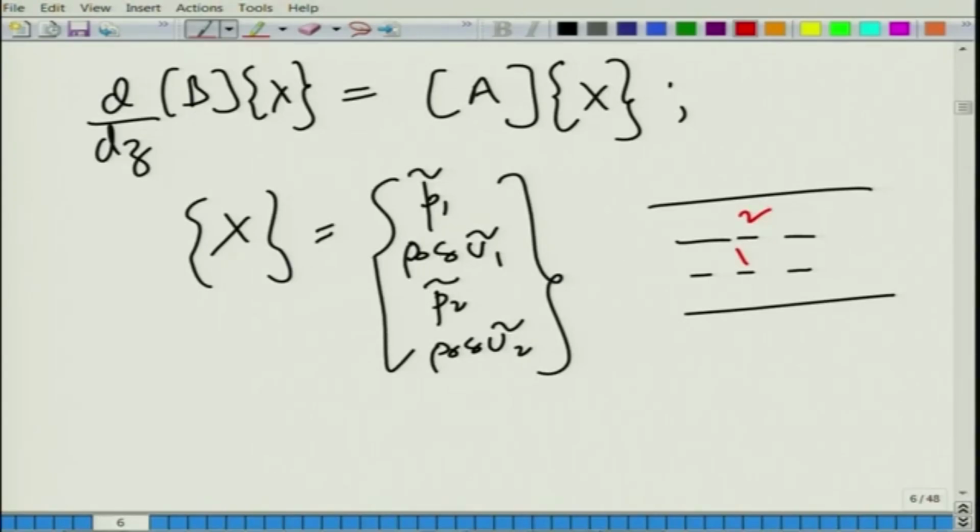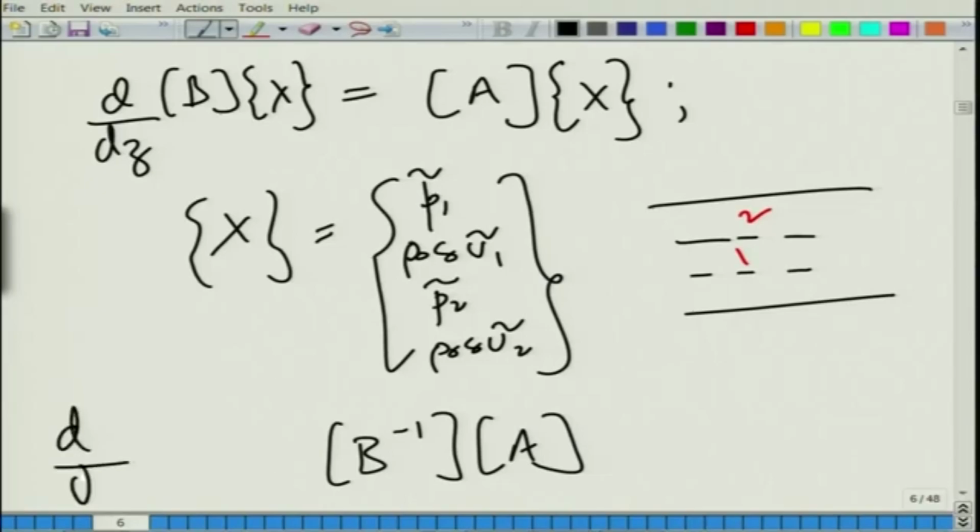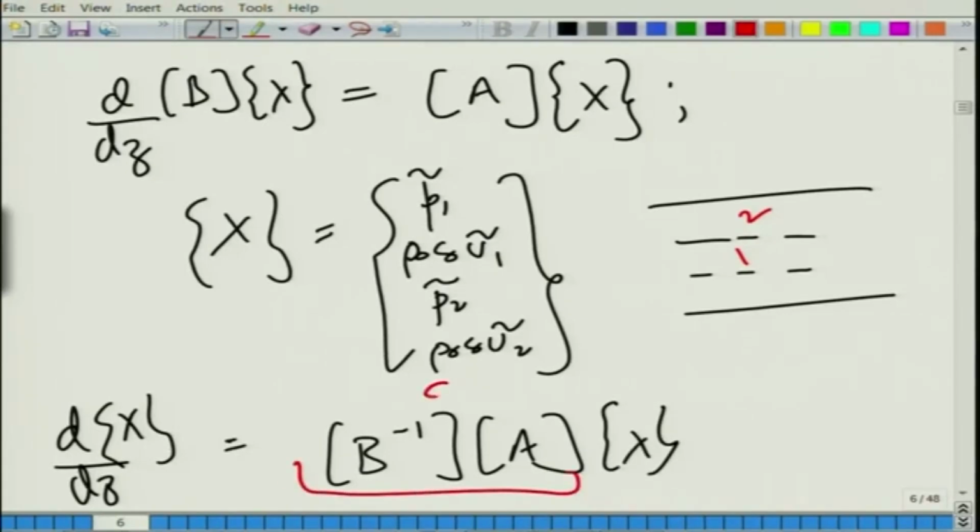So we need to do B inverse A and get the C matrix, did we not? We did B inverse A, and so dx/dz was this. So this was your C matrix.